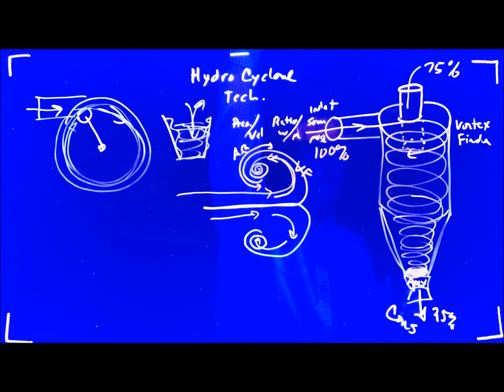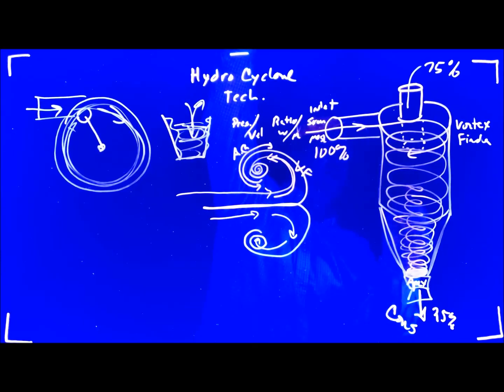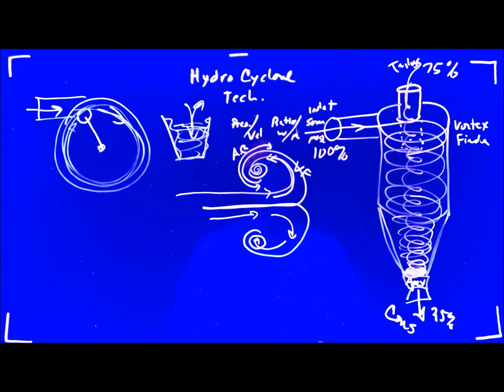As the concentrates spit out, the lights have got to leave somehow. So they leave through the secondary vortex that gets developed and goes out through our tailings, our waste, out the top. That's how a hydrocyclone works. There's your crash course.